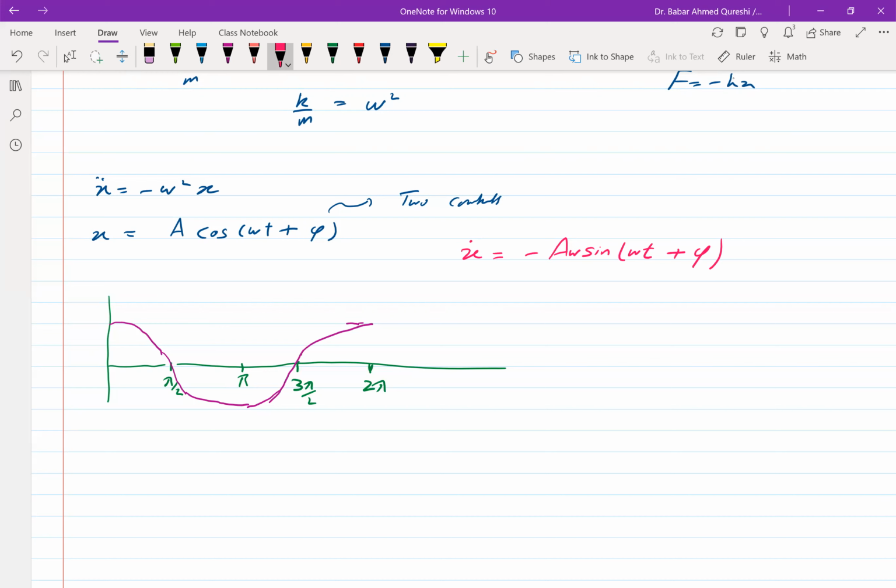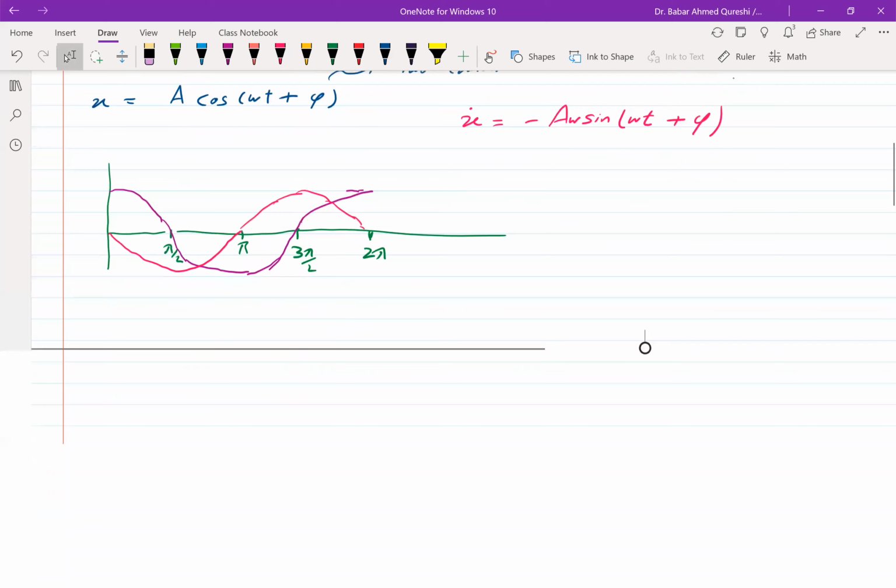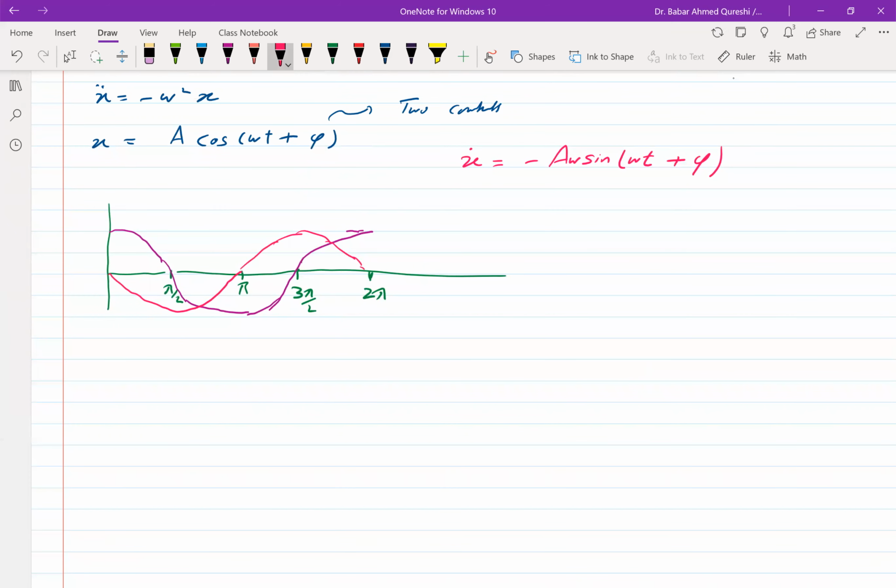So it looks like this. What these two graphs are telling me: x starts with the value a. So a is the amount by which I have pulled the spring. So x is equal to a at t is equal to 0.